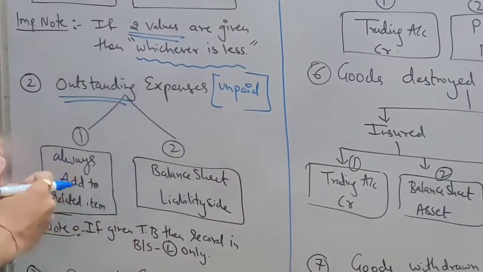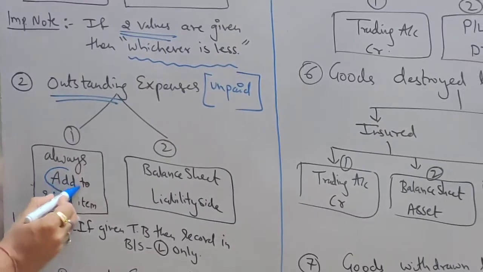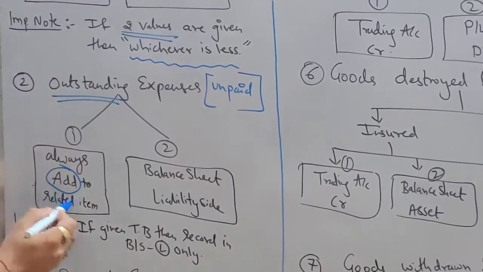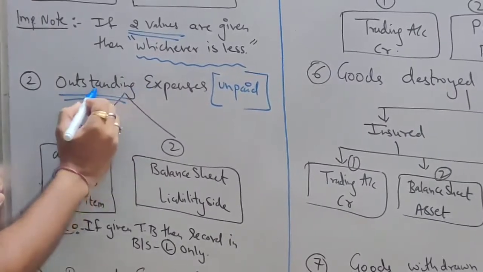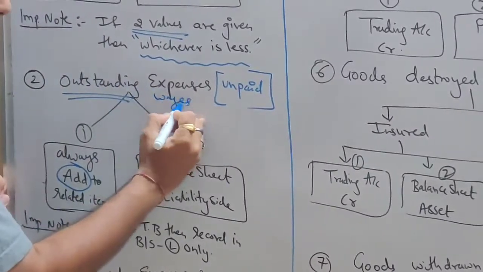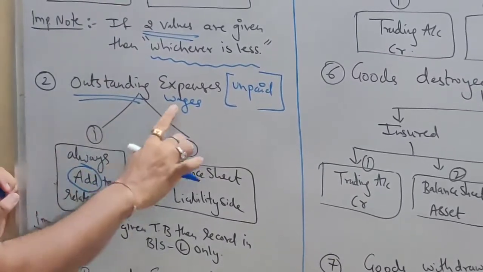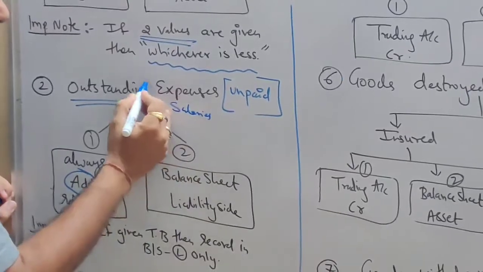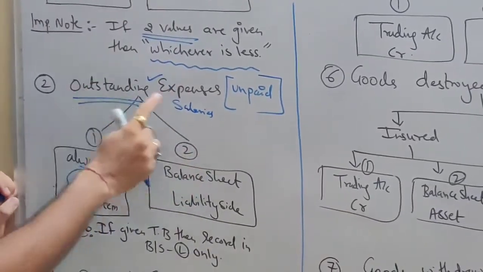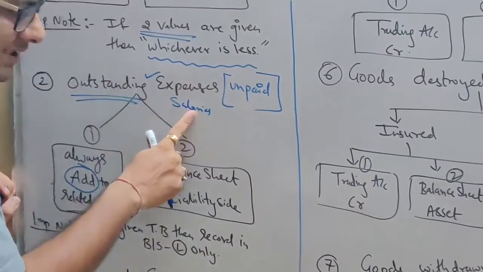Now let's understand the two effects. First effect, you will always add to the related item. What do you mean by related item? If in the exam they say outstanding wages, you will add to wages. What if they give outstanding salaries? They may give you any expenses: outstanding salary, outstanding wages, outstanding electricity bill.